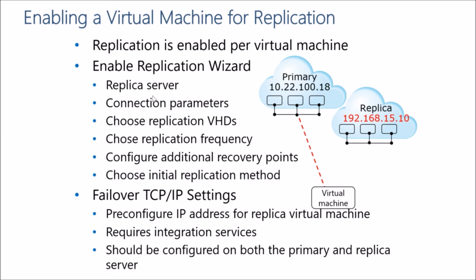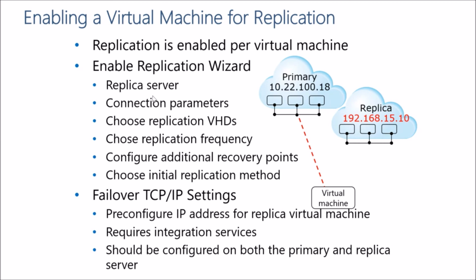Okay, so one of the biggest problems that I think Matthew was talking about is that your primary site has, let's say in this diagram, 10.22.100.18, but your replica site has 192.168.15.10. They're totally different IP address ranges. So you can't expect virtual machines with static IP addresses to switch over and still continue to work without software-defined networking.